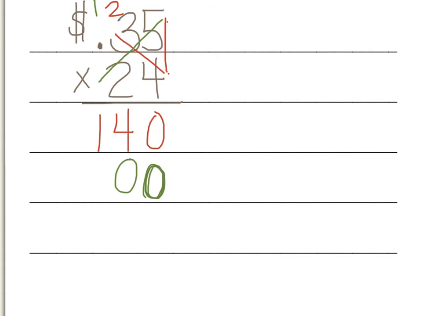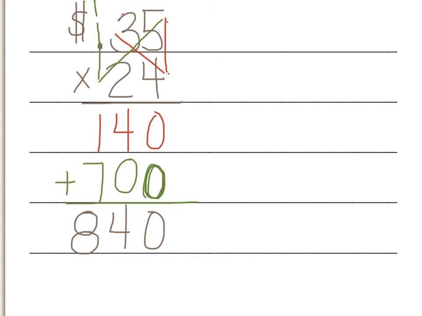Now some people find it easier to go ahead and erase your last carried number just so you don't accidentally add it in. So 2 times 5 is 10, carried the 1. 2 times 3 is 6, plus the 1 is 7. Then you add them together. 0, 4, 8.